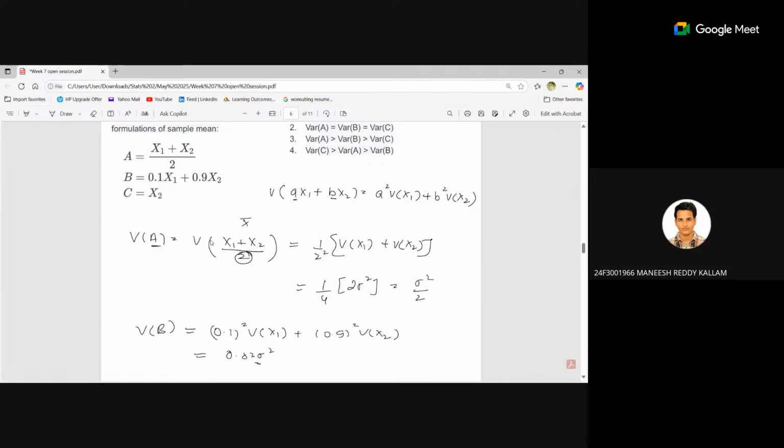In the formula, A is given as small a1 times x1 plus small a2 times x2 until an times xn. Over here, small a is equal to 1 by 2 for all, since two samples are given. So can we say it is the sample mean? Yeah, it is a sample mean. This is basically my sample mean only.